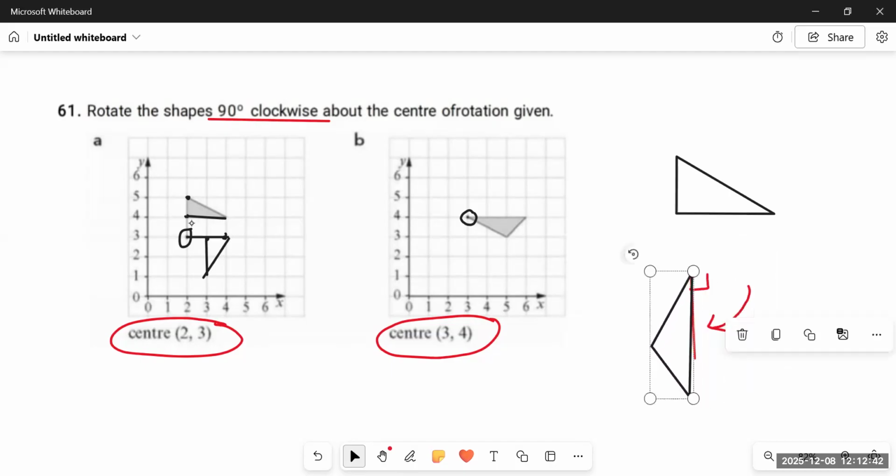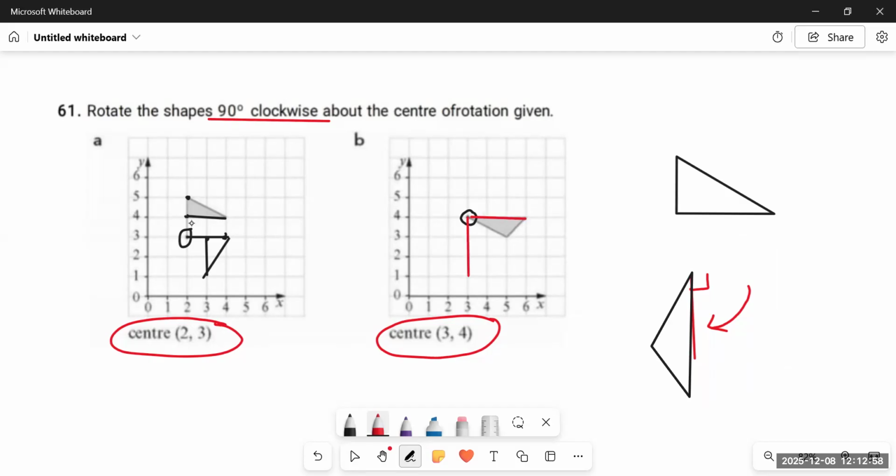Here. It would come here, right? When you rotate it 90 degrees clockwise, the bottom of 3 squares would come right here, making a 90-degree angle between these two, like this, right?